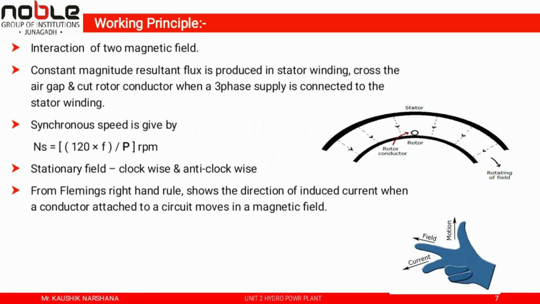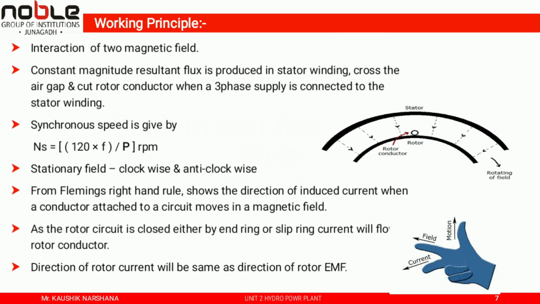How is EMF produced? The stator flux is cut by the rotor conductor, and due to Faraday's law of mutual induction, the EMF will be induced in the conductor. Now how can we take the direction of this induced EMF? From Fleming's right hand rule. For a generator we use the right hand rule to find the EMF direction.